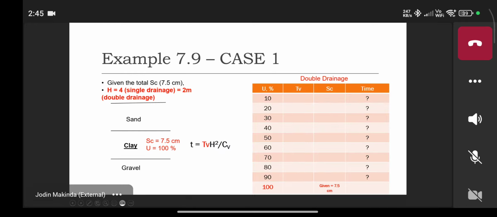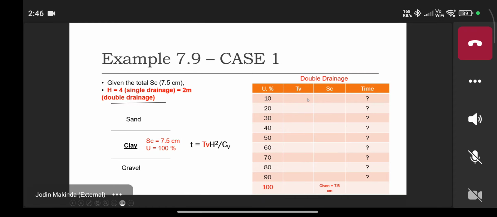So the question asks you to check what is the settlement at 10% and how long it takes the time. 10, 20, 30 until 100. Solve this using the equation. So very easy, okay, very easy.